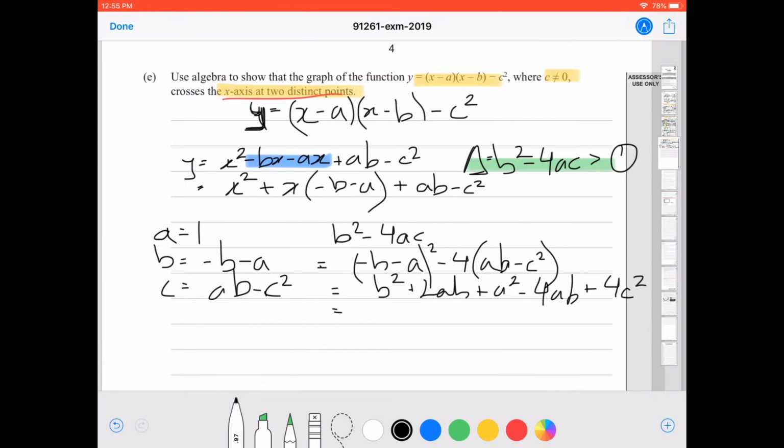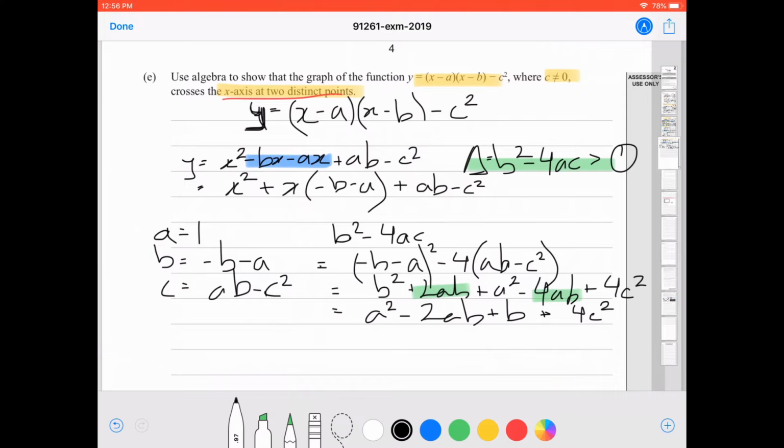We've got some like terms in here, our ab's, so let's say a squared minus 2ab, because 2ab minus 4ab is minus 2ab, plus b squared plus 4c squared.